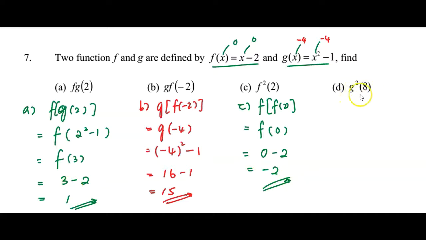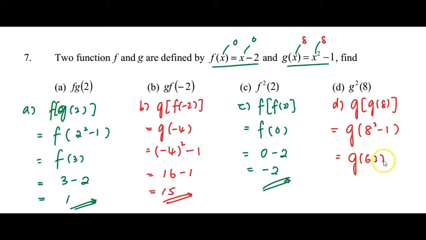For the g of g of 8, again I rewrite this as g of g of 8, and the inner one is inside this bracket, so it can clearly be seen that you need to find the g8 first. G of 8 means that you need to replace this x by 8. So you get 8 squared minus 1, that is 63.